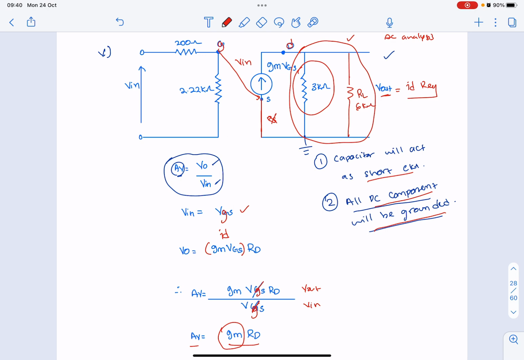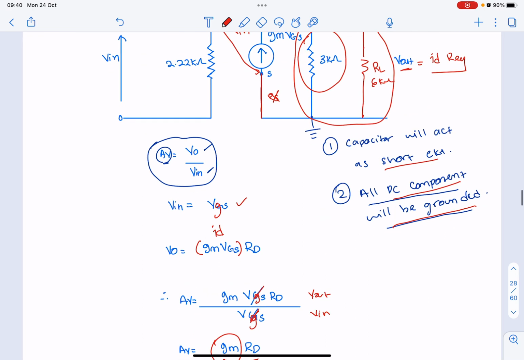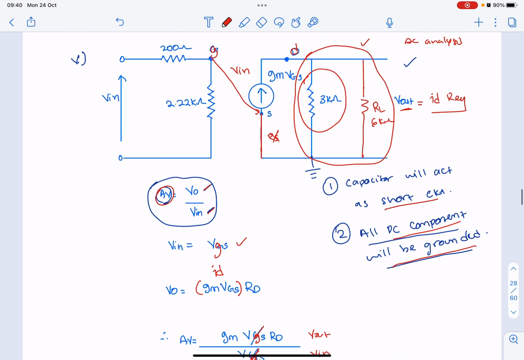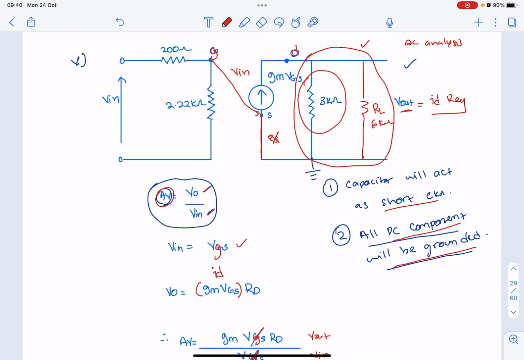So in this AC equivalent circuit, your objective is to find out your voltage gain. Voltage gain is equal to V out divided by Vin. Based on this diagram, your V out is at this point. Depending on your circuit, there is a load resistor or no load resistor.